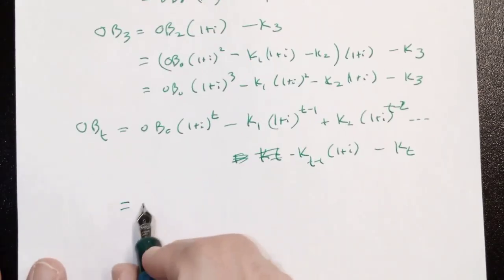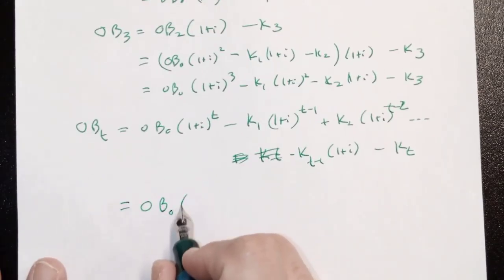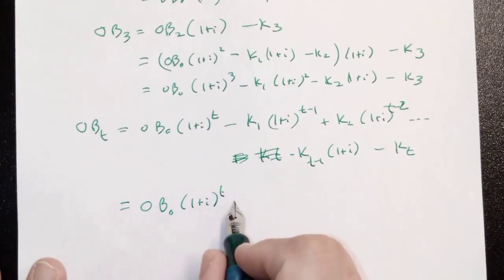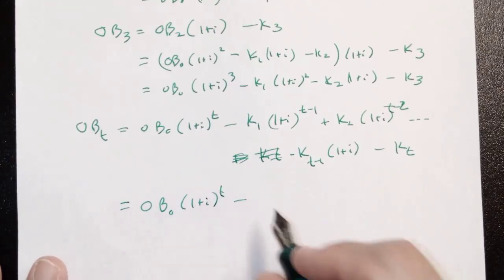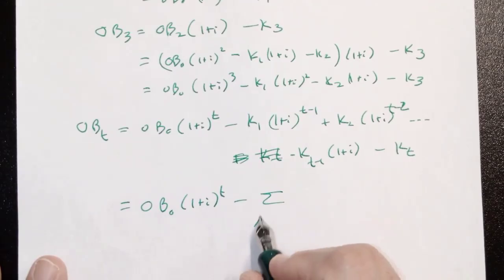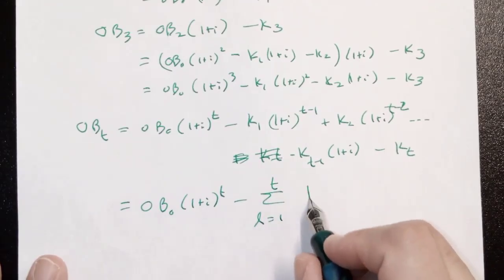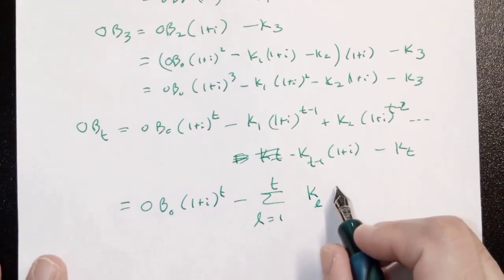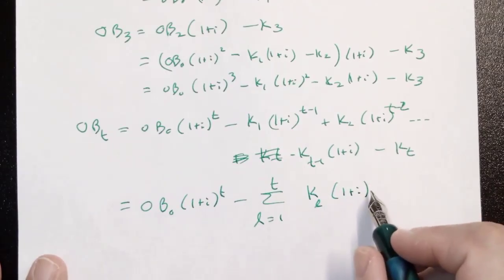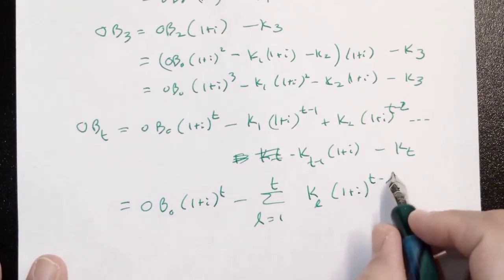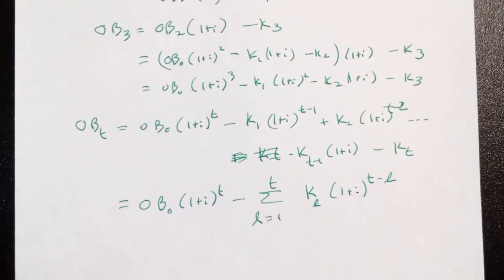Or if I write it as a summation, OB0, 1 plus I to the t minus the sum, L goes from 1 to t, KL, 1 plus I to the t minus L. Okay, what the hell is this formula for OBT?